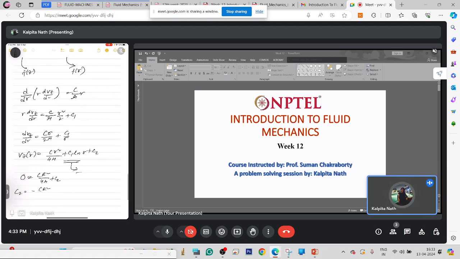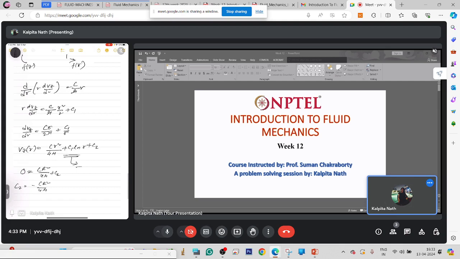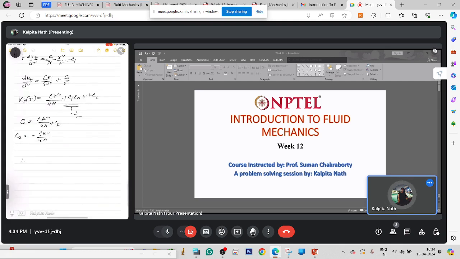Minus cr square by 4 mu. Therefore vz will be equal to cr square by 4 mu minus cr square by 4 mu, that means minus cR square by 4 mu times 1 minus small r square by capital R square.